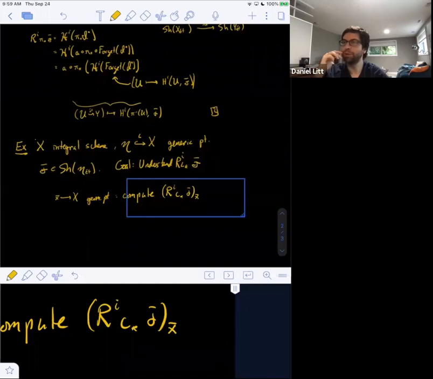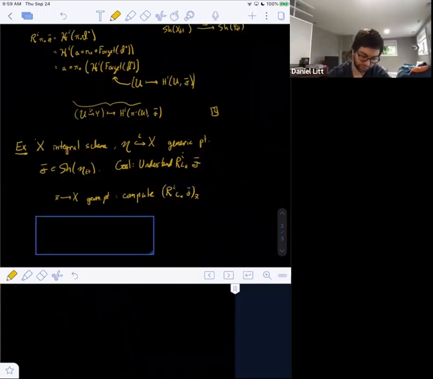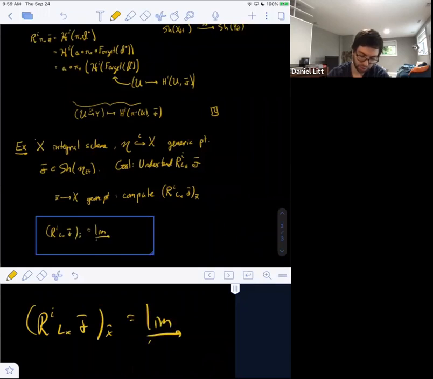Can anyone remind me what the definition is? So we're going to take a direct limit. So this Ri iota lower star of F at x bar is the direct limit over u bar, so this was an Etale neighborhood of x bar.